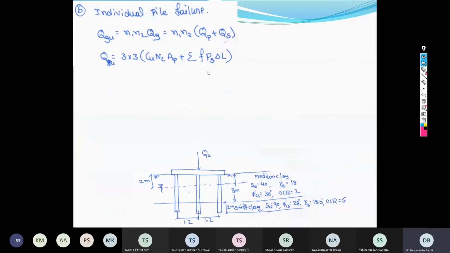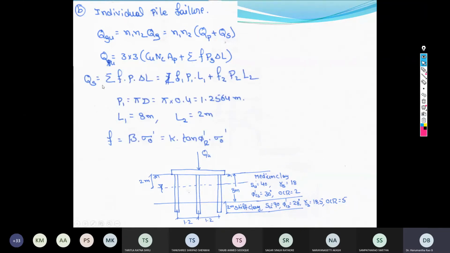So the next step is, how do you calculate the skin friction? Using the beta method. The equation for Qs is the summation of f into p into delta L. If you look at the statement of the sum, there are two layers, medium clay and stiff clay.